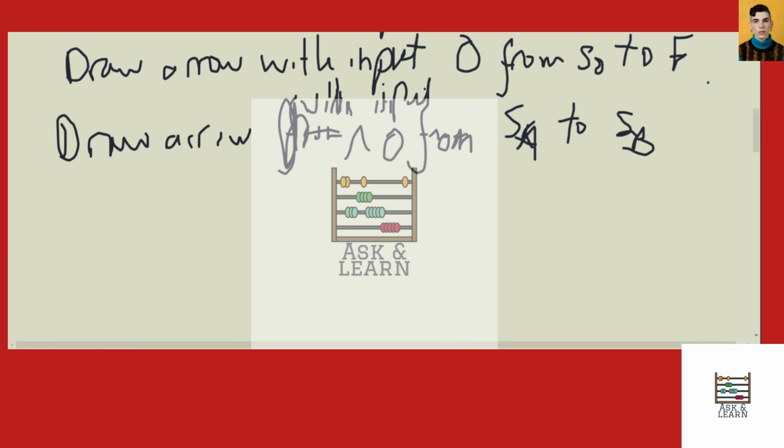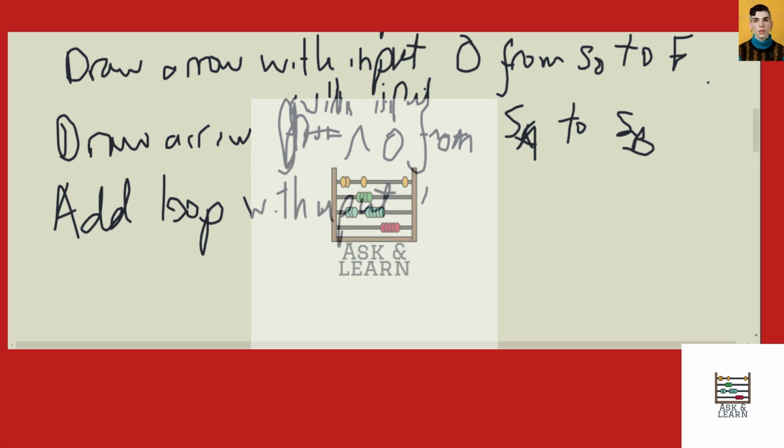Now we'll add a loop with label 1 to the state SB. This represents the production that B can be replaced with 1B.